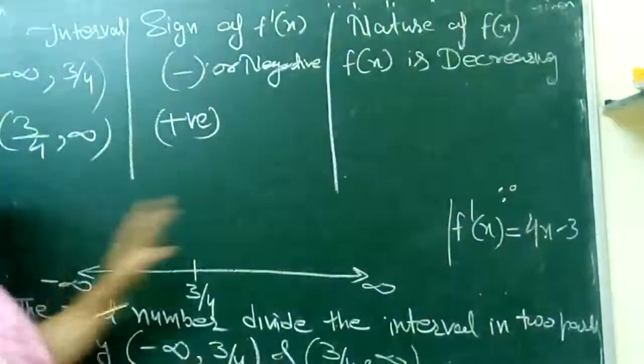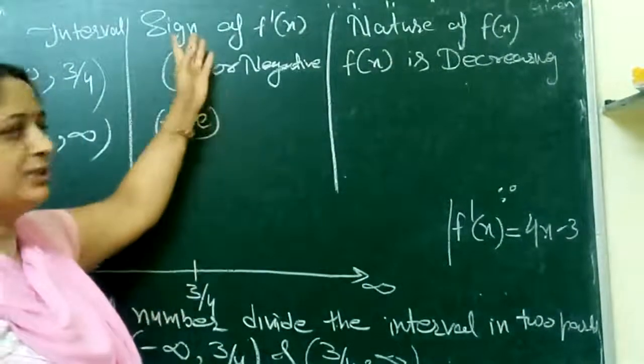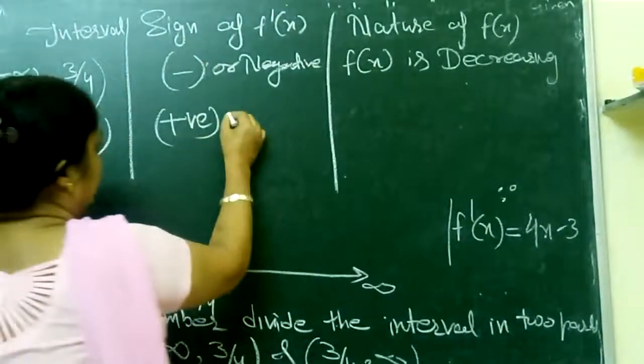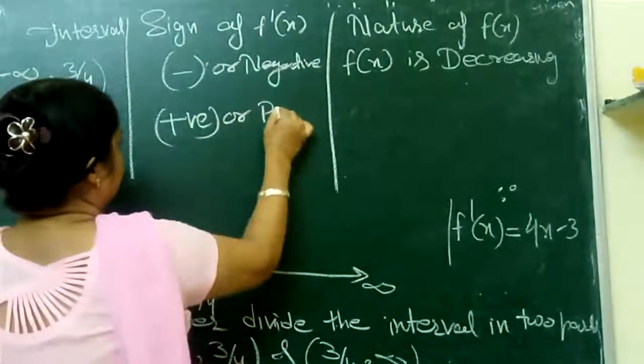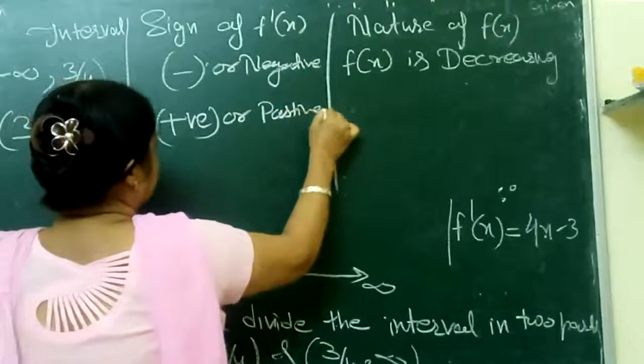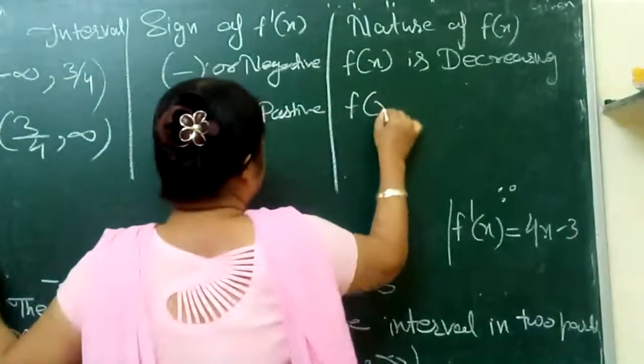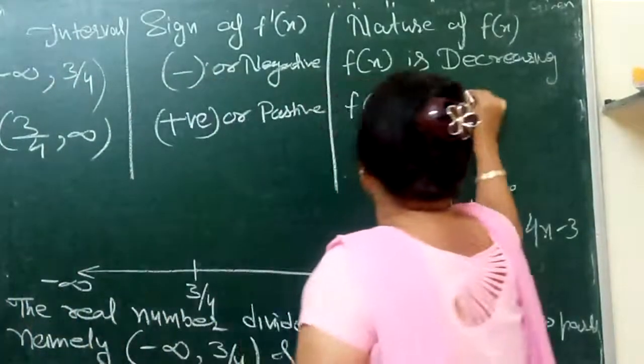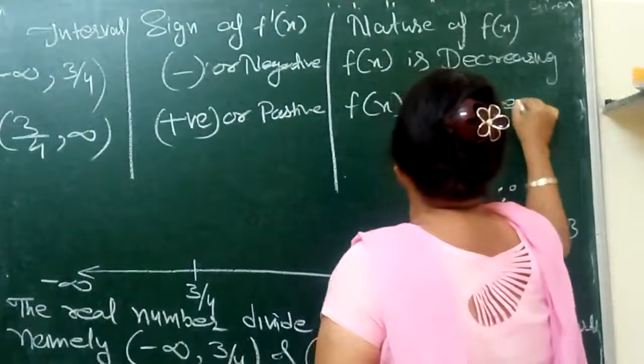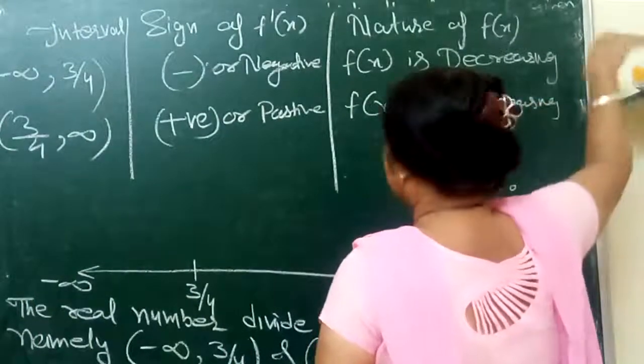No need to write the exact value, you only have to find out the sign. So negative value, positive value. So the nature of f of x is increasing. What is the interval?